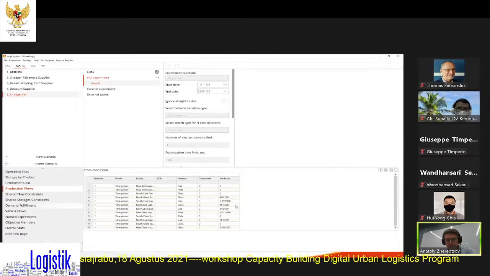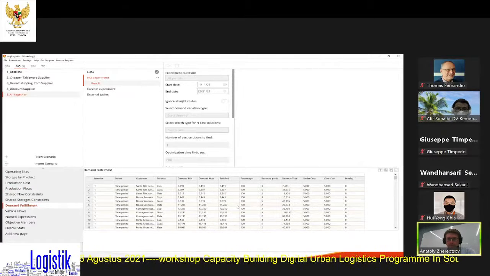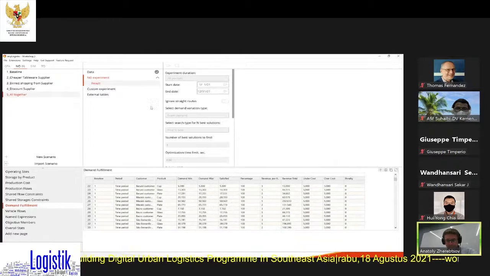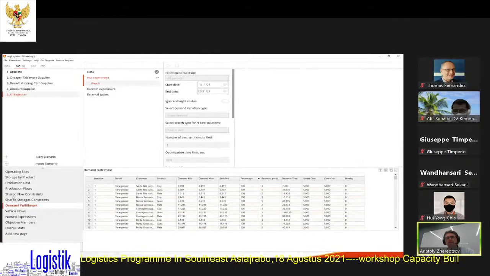Demand fulfillment table shows whether our demand is satisfied or not. In our case, we see that the whole demand is satisfied for 100%.